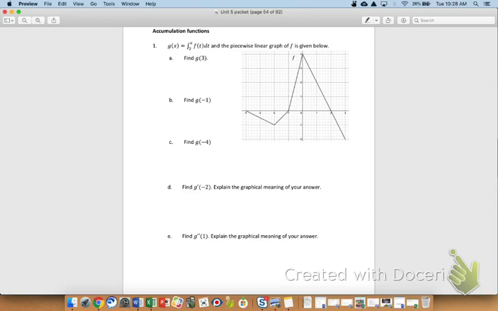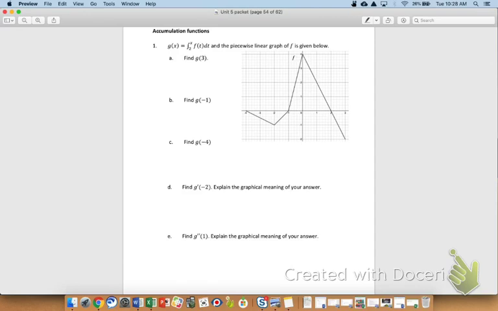I have another one. These are called accumulation functions. Let's talk a little bit about why they're called this. They're always going to involve some sort of a definite integral. In fact, you can see with our first example here, g of x equals the integral from 2 to x of f of t. Okay? So basically what this function does is it accumulates areas, more or less.